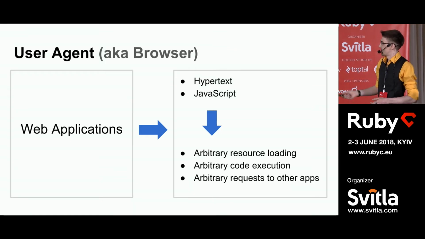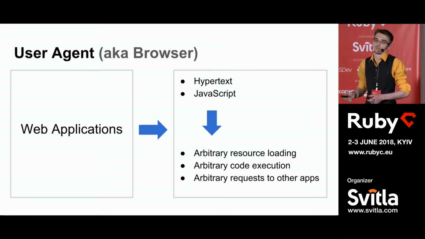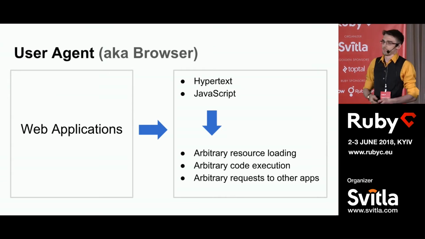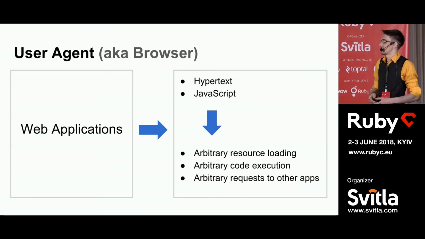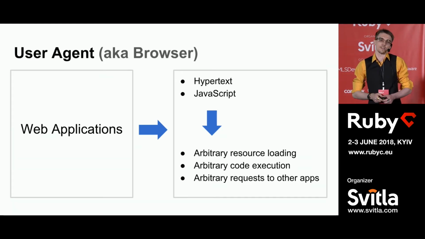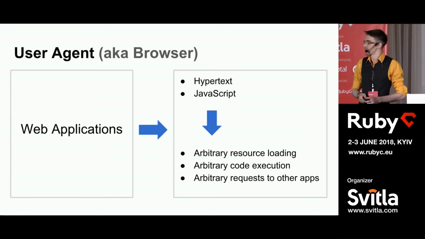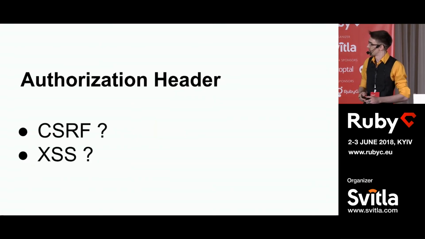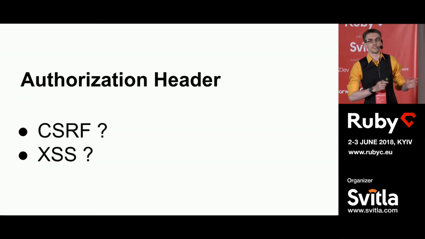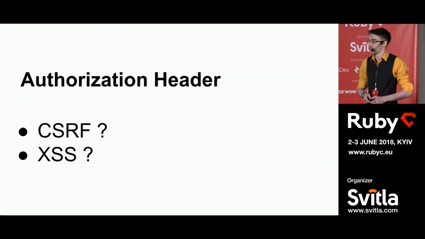Applications can load arbitrary resources, execute arbitrary code, like JavaScript, request images, other pages, embed iframes, and all this stuff, which is not exactly like in mobile apps. So when we use the Authorization header, it's not exactly like a clean API approach.